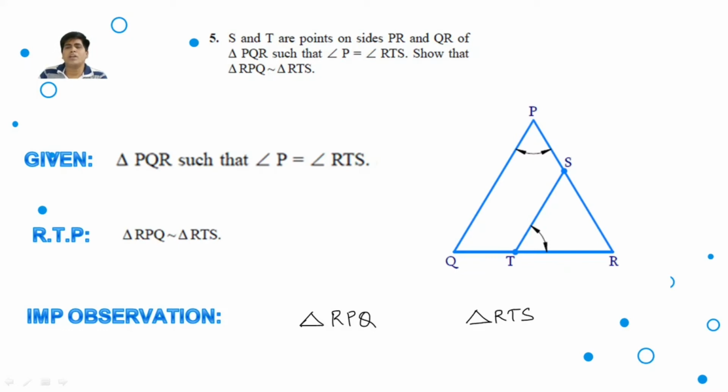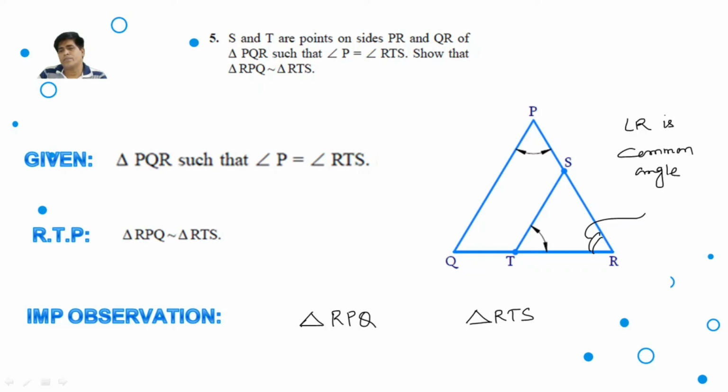If you observe clearly, in RPQ and RTS, angle R is a common angle. This is very important. So angle R is a common angle.